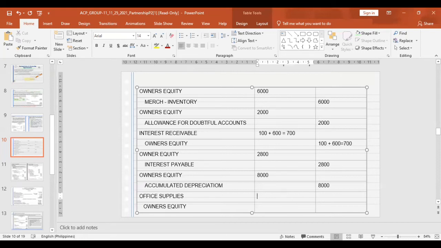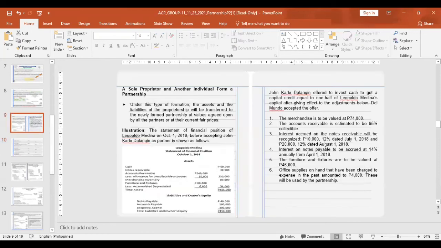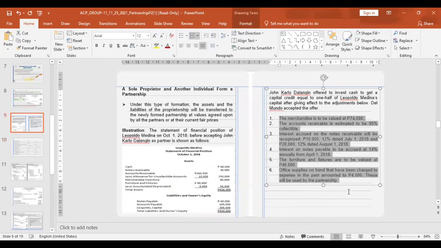Na 4,000. So, itong owner's equity, hindi talaga siya owner's equity ilalagay niyo dito, kundi yung pangalan ng partner. Ginawa ko lang siyang owner's equity for discussion purposes. So, yun yung entry doon sa adjustment.